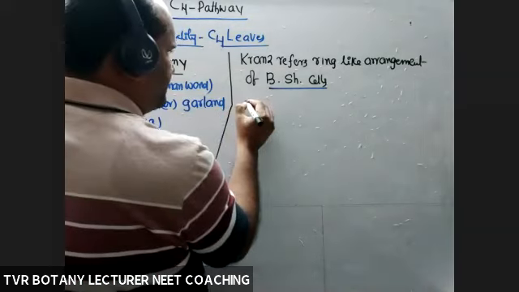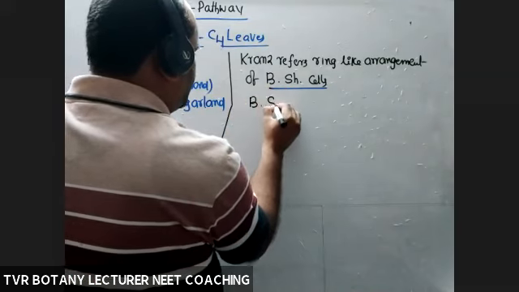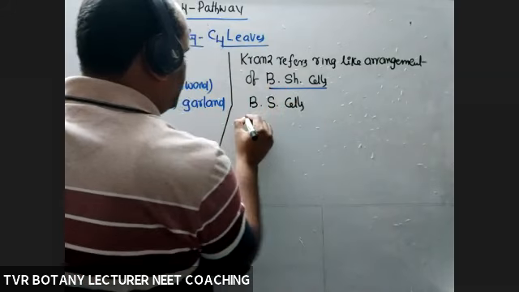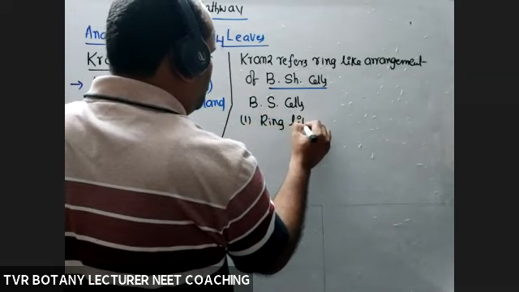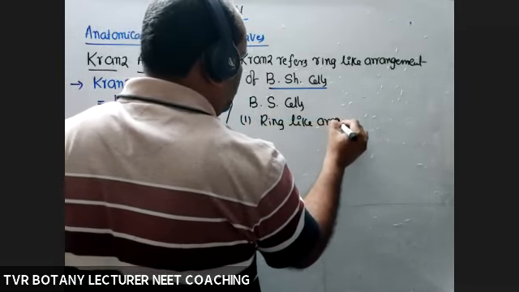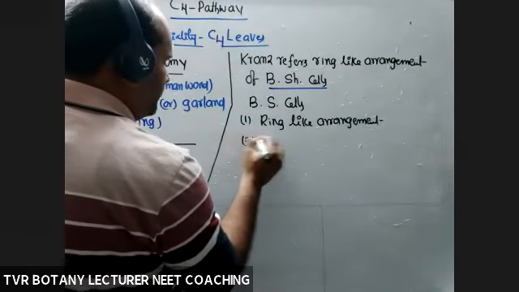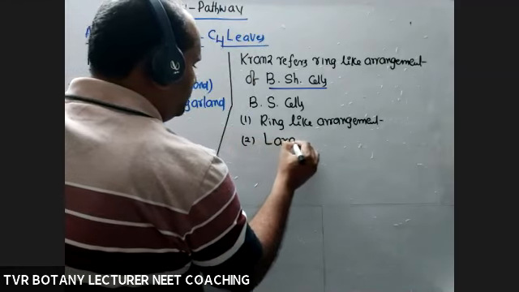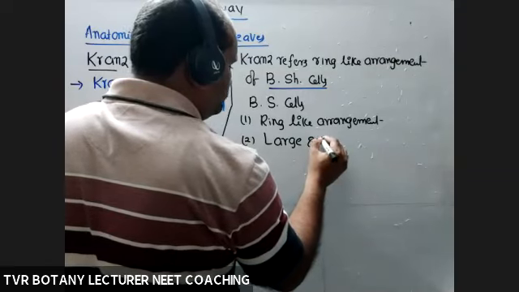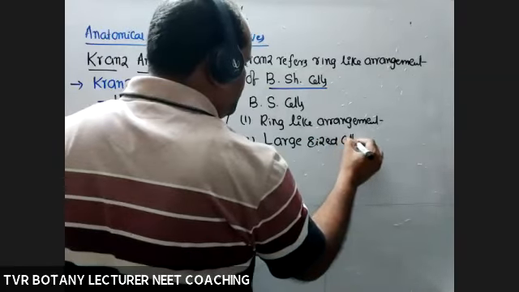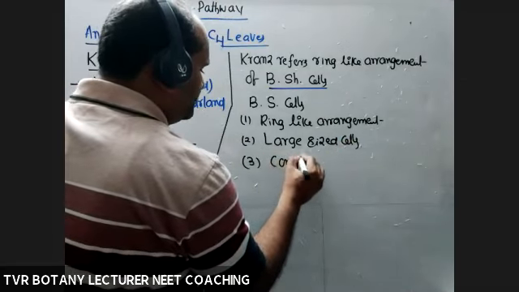Now, what are the characteristics of bundle sheath cells? Statement 1: bundle sheath cells have a ring-like arrangement. Second, they are large sized cells. Third, compact arrangement.